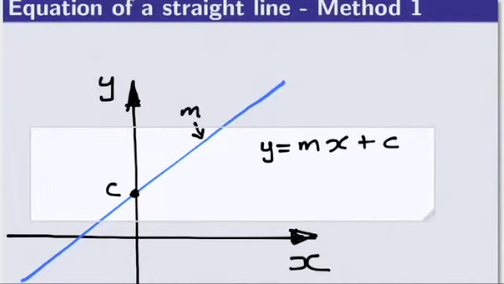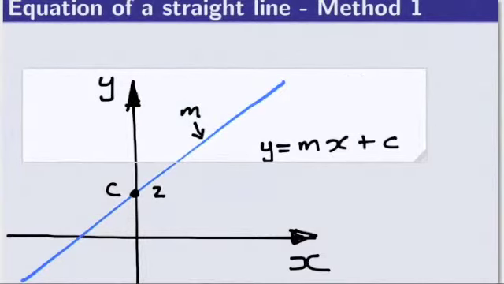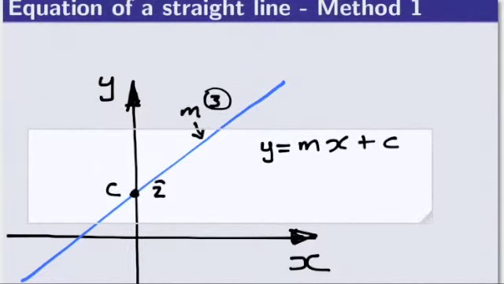So to put some numbers in, suppose that the straight line cuts the y-axis at the point 2 and the gradient of the line is, let's say, m is 3. The equation of the straight line can then be written as y equal to mx plus c, m being 3 and c being 2.